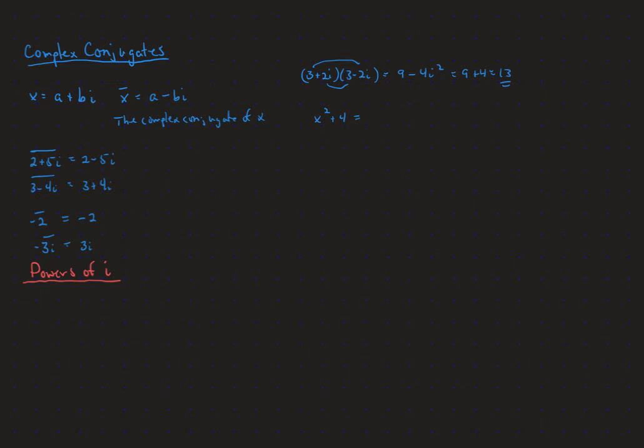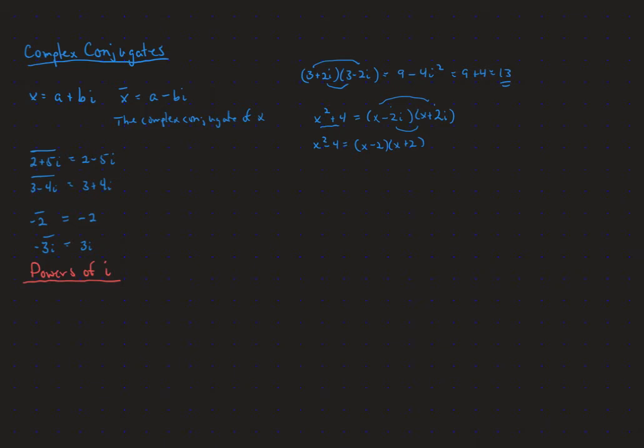If we remember that x squared minus 4 we call the difference of two squares, and that would factor into x minus 2 times x plus 2, we can treat x squared plus 4 as the difference of two squares using imaginaries, because when you multiply the negative 2i times the positive 2i, that will be a negative 4i squared, which is going to be a positive 4.